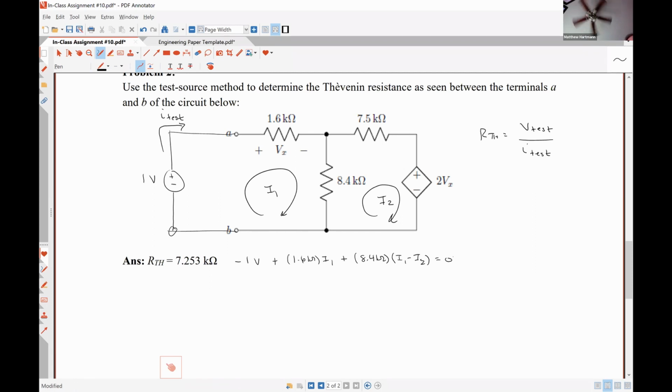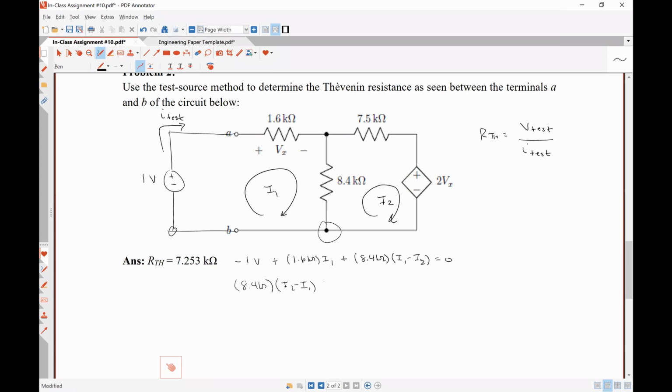All right, who wants to do my Kirchhoff's voltage law equation around mesh 2? Starting from here and going clockwise. I2 minus I1 times 8.4 kilohms. I2 minus I1, okay.